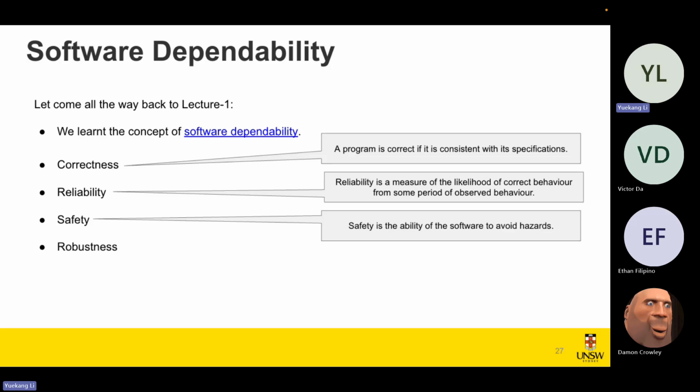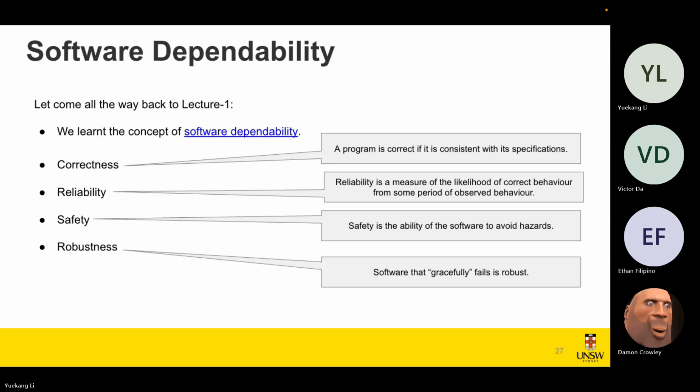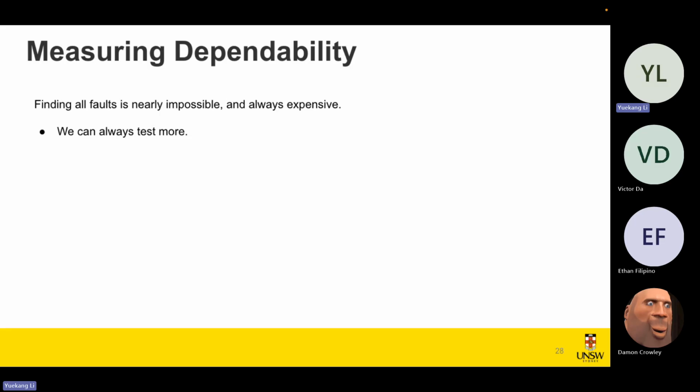And robustness means that the software can gracefully handle failures. So these are the four concepts related to software dependability. Let's see which one is the most practical for us to decide when to stop testing. Let's go through them one by one.